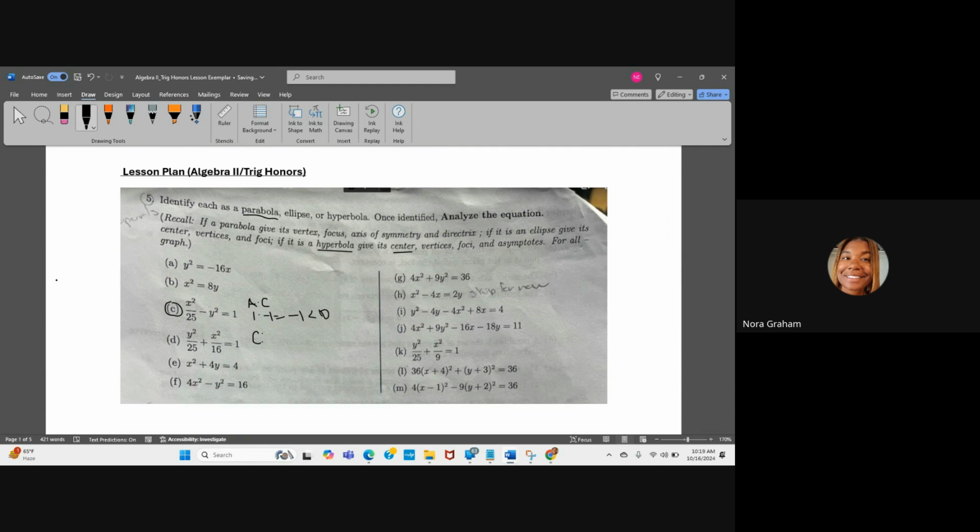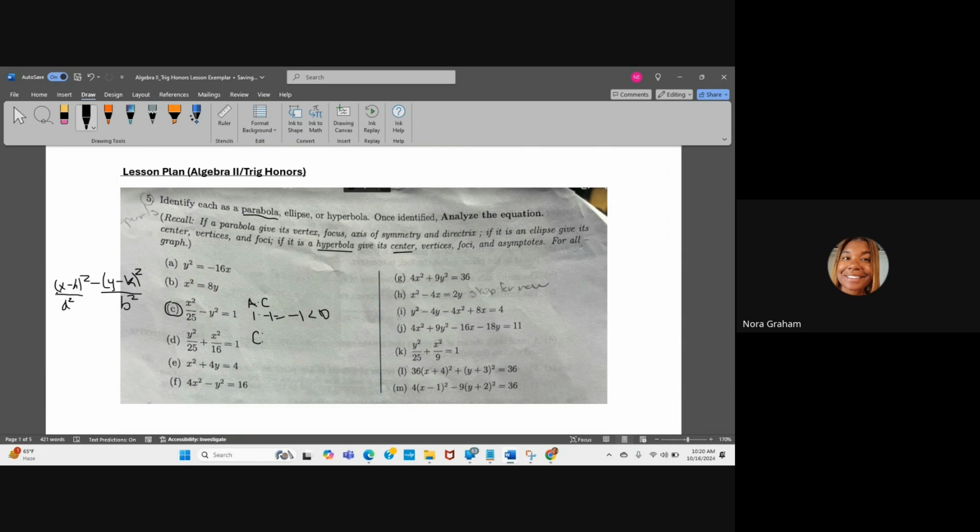Remember, the basic formula for a hyperbola is (x minus h) squared over a squared, minus (y minus k) squared over b squared, right?